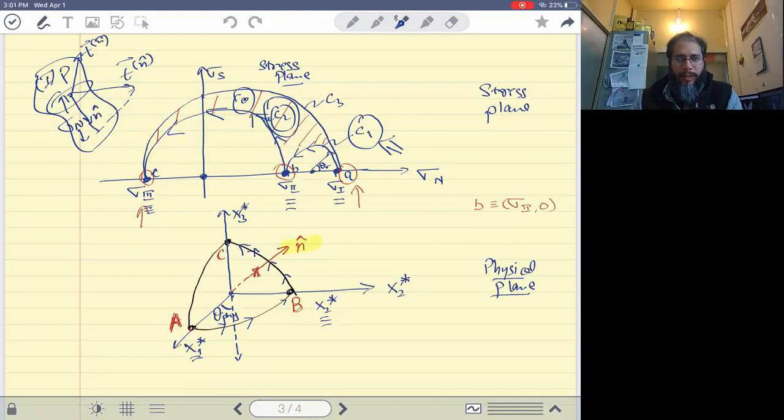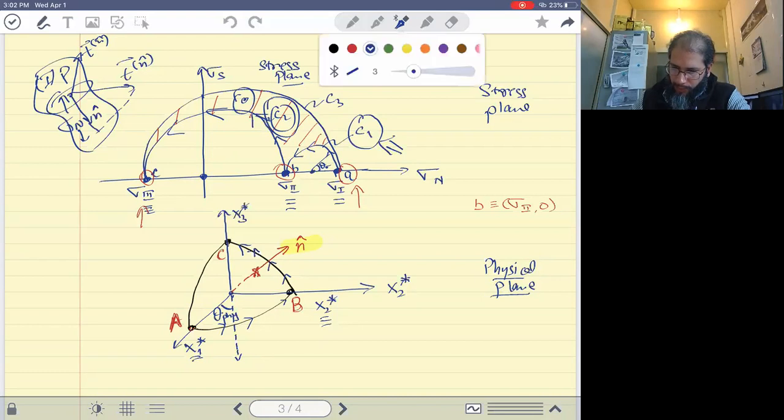You can do it quite easily, but let's get a motivation as to how we proceed. The idea is that you find the direction cosines of the normal n hat. What I mean is you find the angle it makes with the three principal directions, x1 star, x2 star, and x3 star.